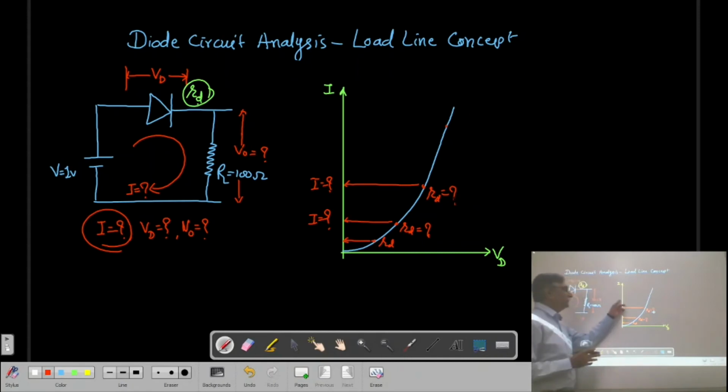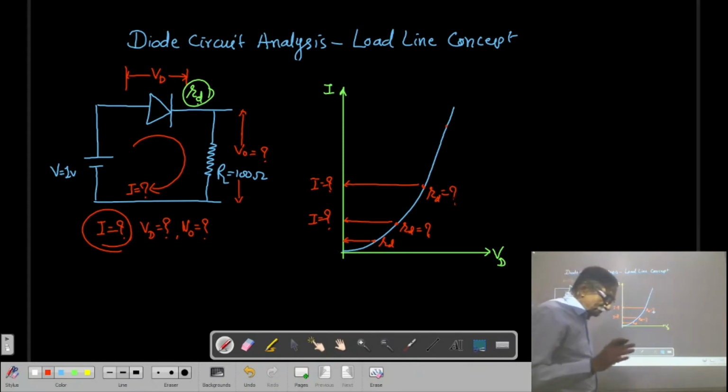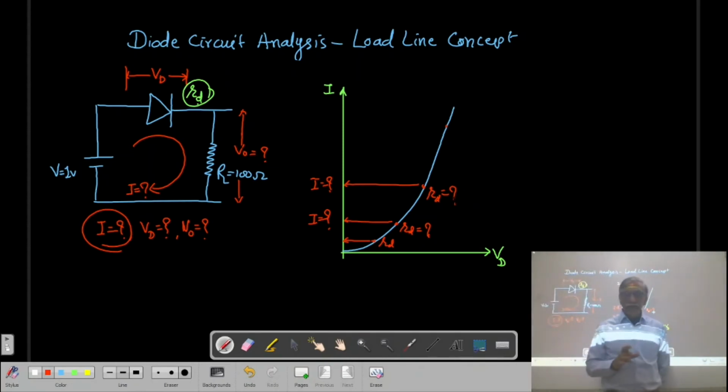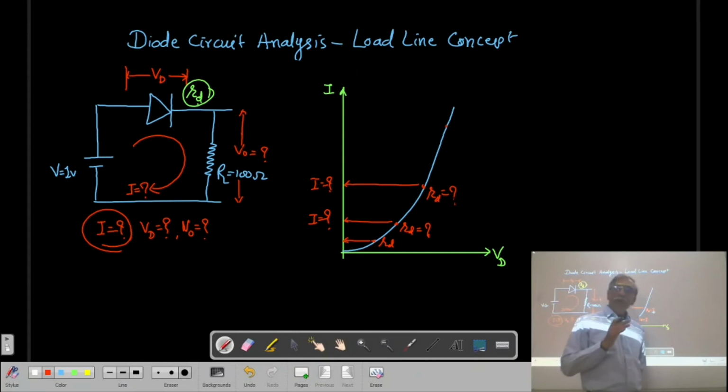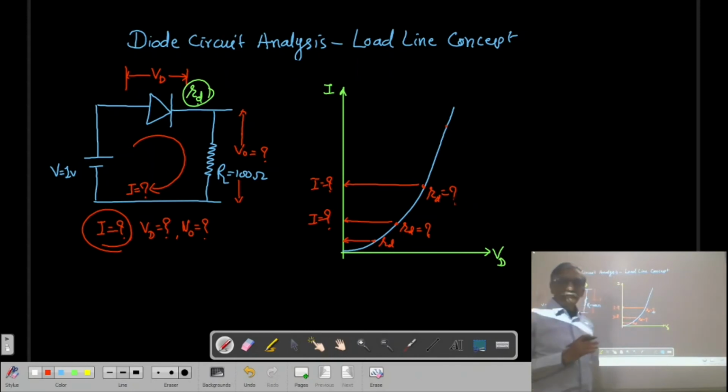Because the relation between the current and the voltage here is non-linear. So whenever the device has non-linear characteristics, we cannot directly apply Kirchhoff's law. We have to use a characteristic curve, and from the characteristic curve, you can find out the amount of the current.